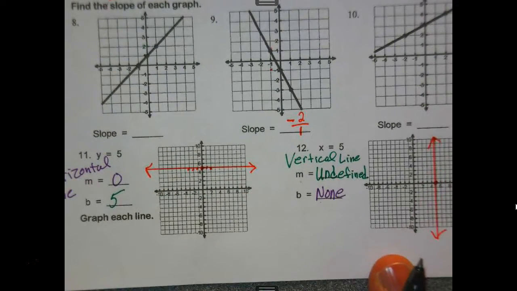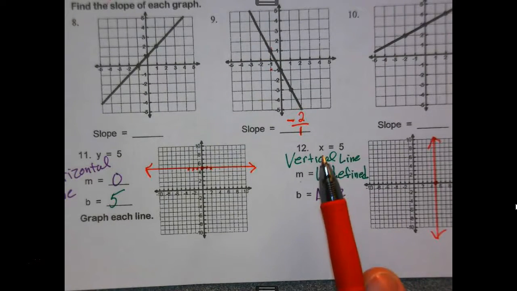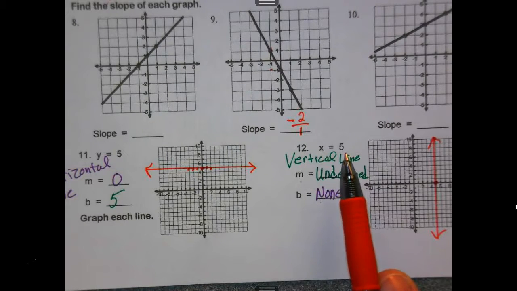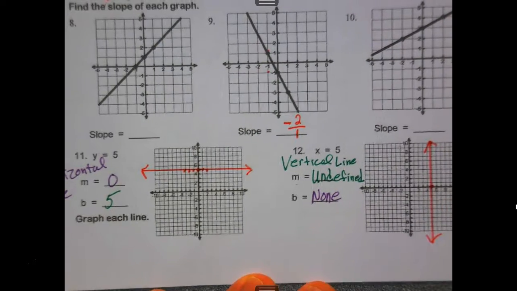The slope is 0, gives me a horizontal line going through y equals 5. And a vertical line, x equals 5, is a vertical line going through the value x equals 5.